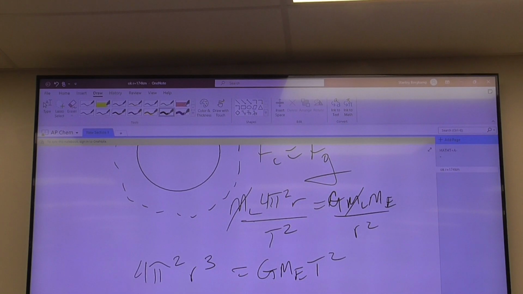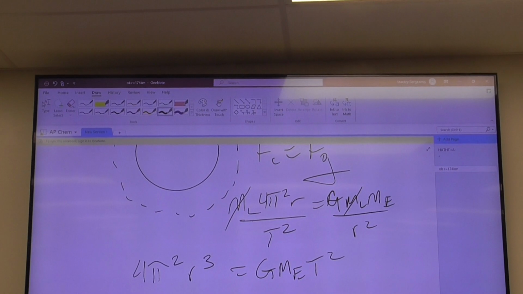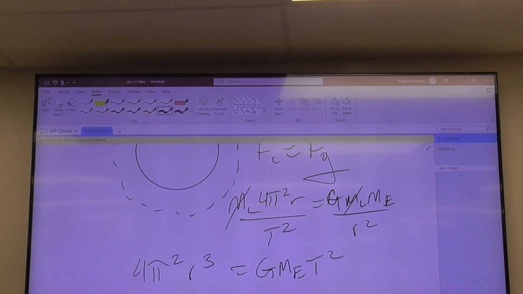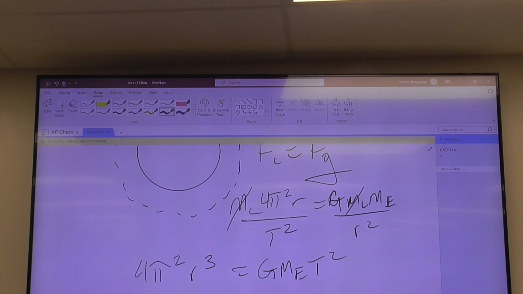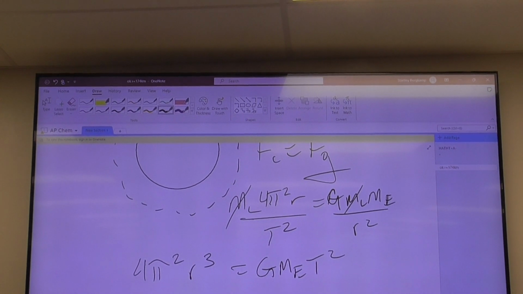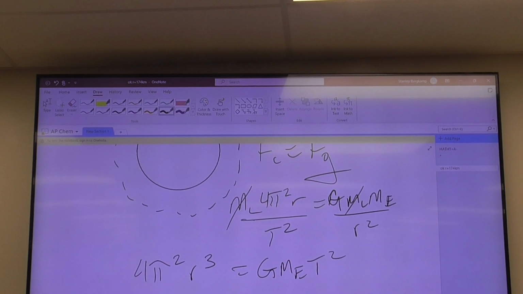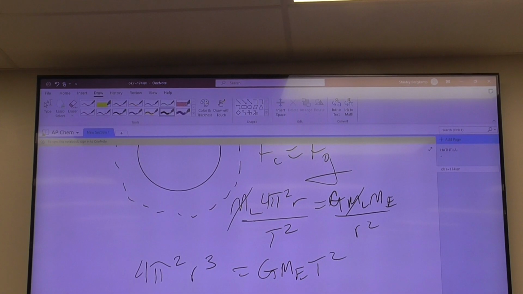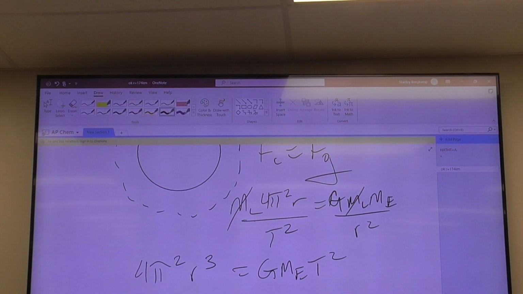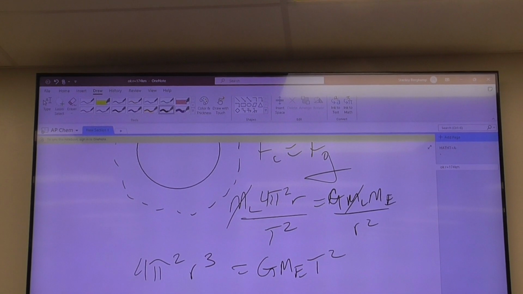So let's say, for example, you're tasked with finding the mass of the Earth. We have lost all data. The internet's down, we have no data. We need to find the mass of the Earth. Well, conveniently, we have a moon that orbits us, right? So if we need to find the mass of the Earth, we know the orbital period of the moon is about 30 days. Okay, about every 30 days you get a full moon.